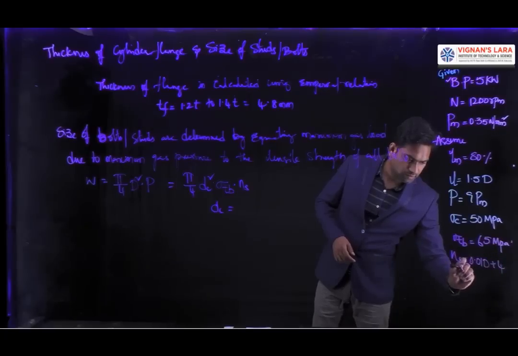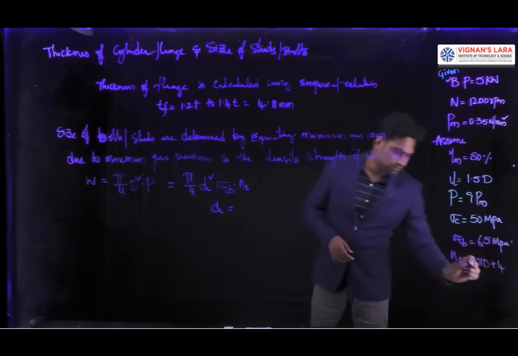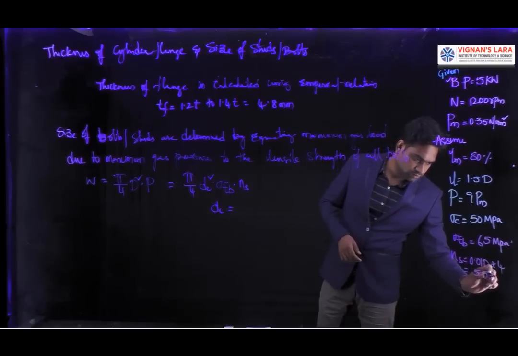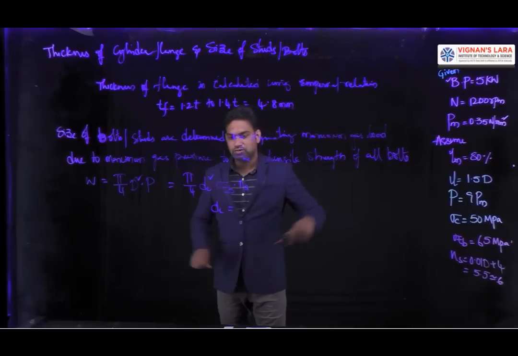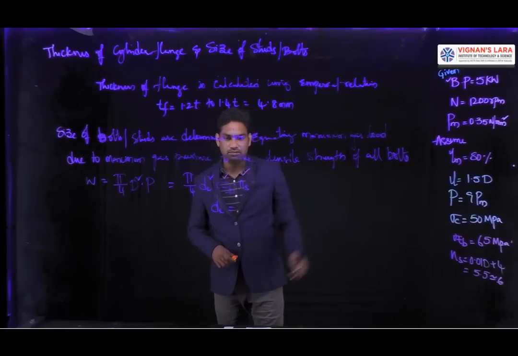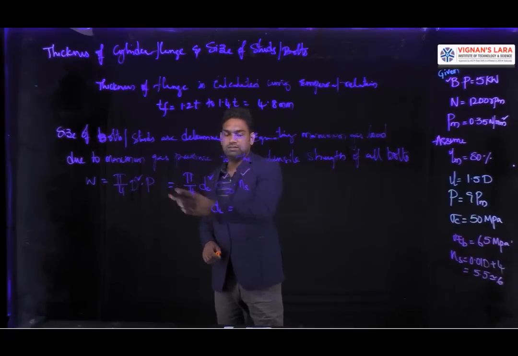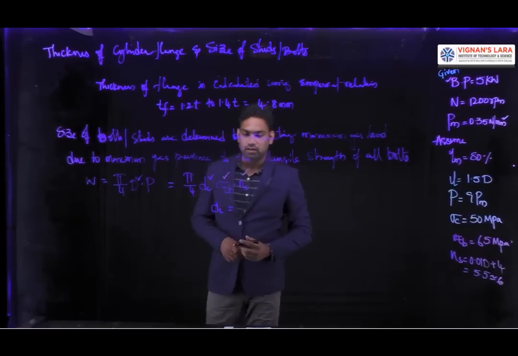So this may give 5, sorry, 5.5 around. So I can take it as 6 number of bolts. So by substituting the assumed values of NS as well as sigma TB, and the bore as well as the pressure being known, you can calculate the core diameter of bolts.